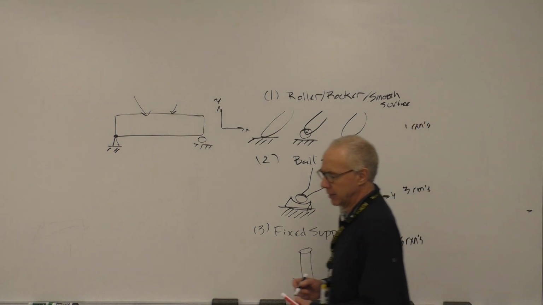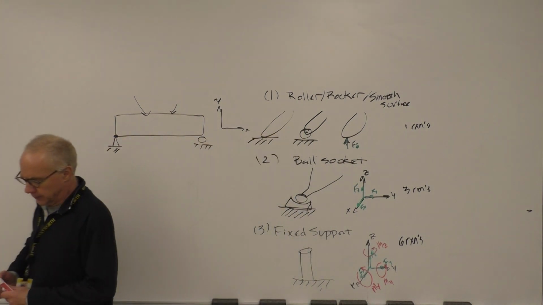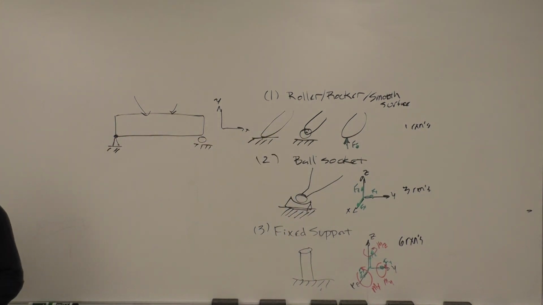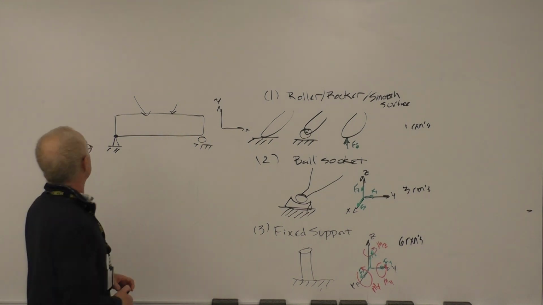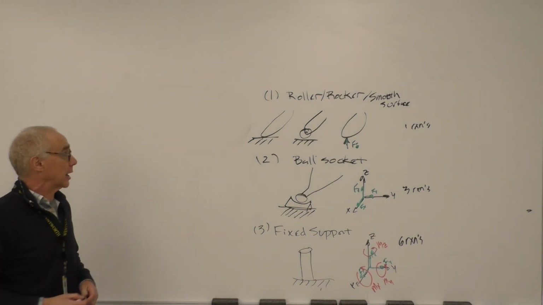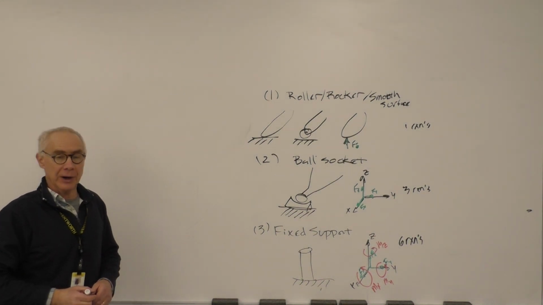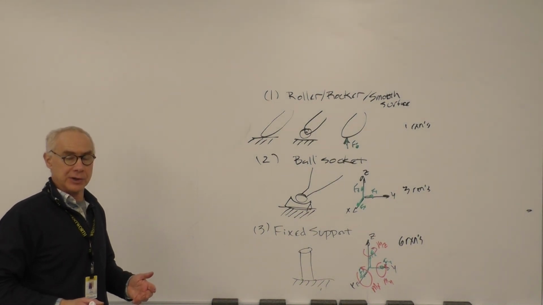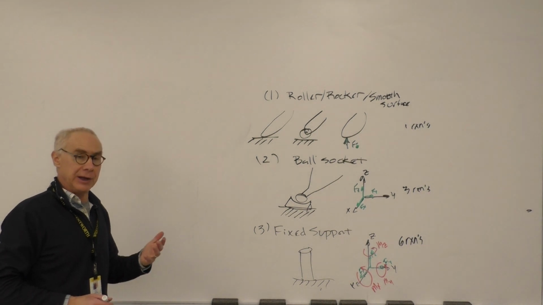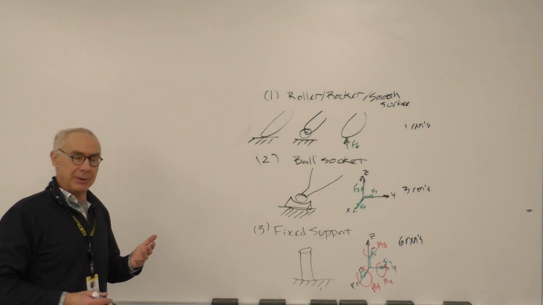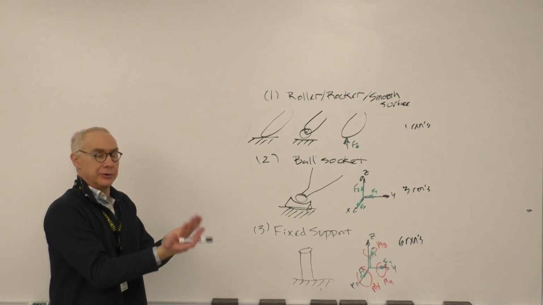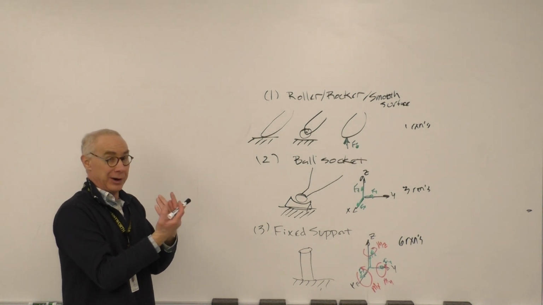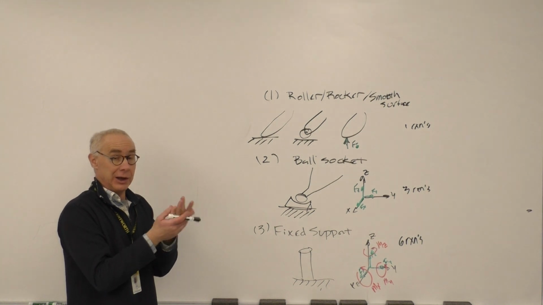All right, let's see what else we have for support reactions of interest. Oh, there is a pin or a hinge, so the next one I want to talk about is a pin or a hinge. And we've seen a pin or hinge in 2D, but now in 3D, it's kind of the same, except now it allows rotation in the direction that it's supposed to, but it's resisting rotation in the other axes.